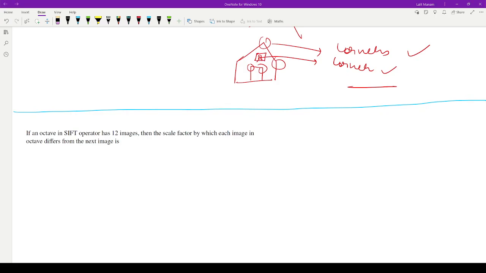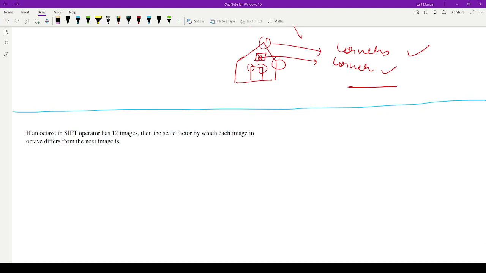Is it that hard to remember? SIFT is what? Scale Invariant Feature Transform. Am I right? Yes, yes. Okay, hopefully I'm right.